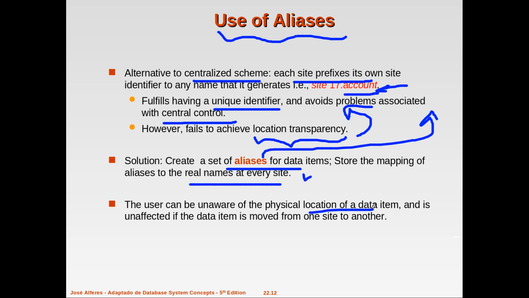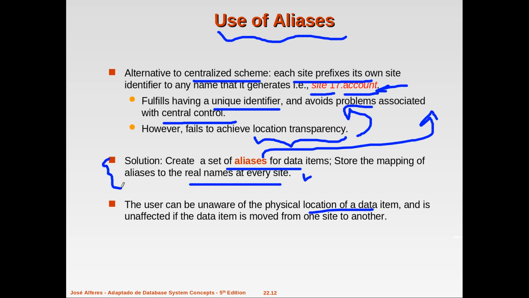So site17.account is the problem, but we avoid that by providing a different name for that particular data item without providing the direct site number. These names will be mapped to the real names at every site. So that is connected, but it is slightly complex.